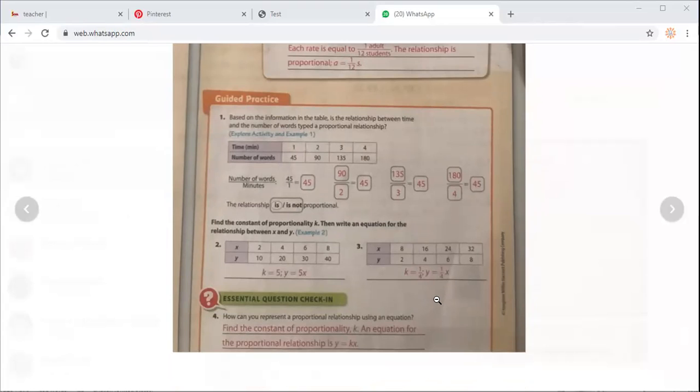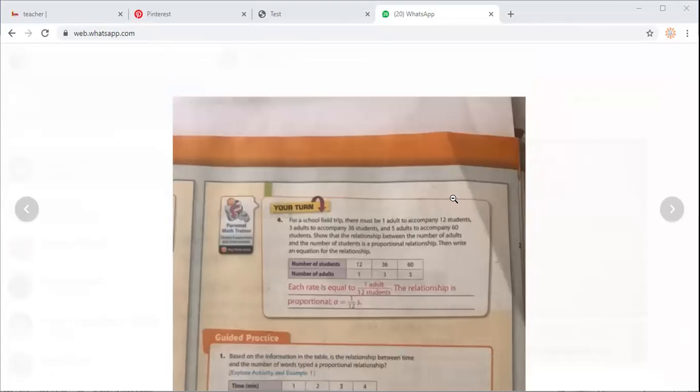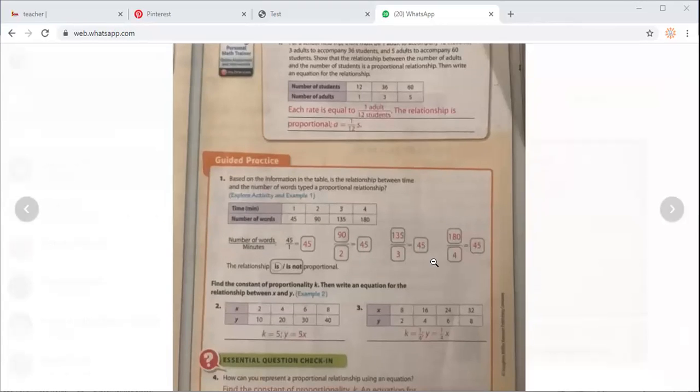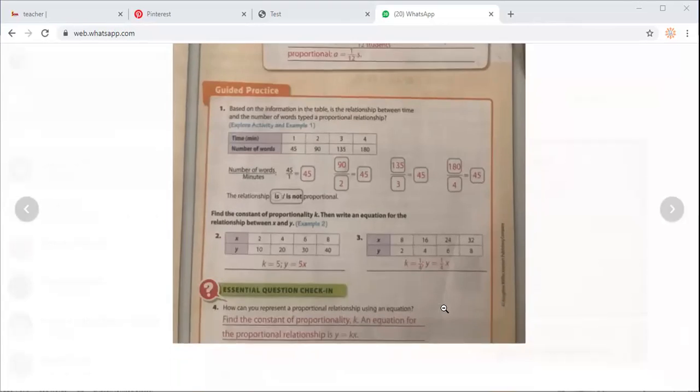And as you see, for all, we find the value equal to 1 over 4. Then how will we form the equation? We will form the equation y equals 1 over 4x.